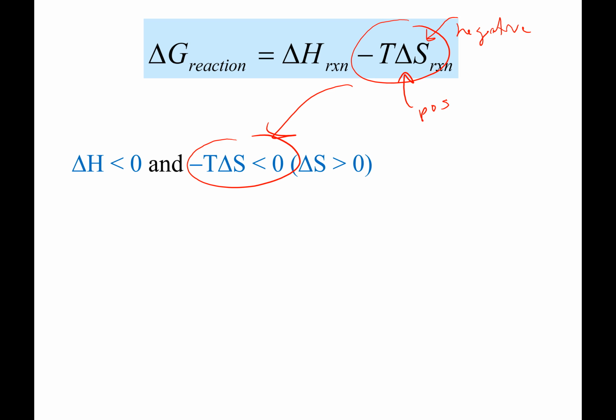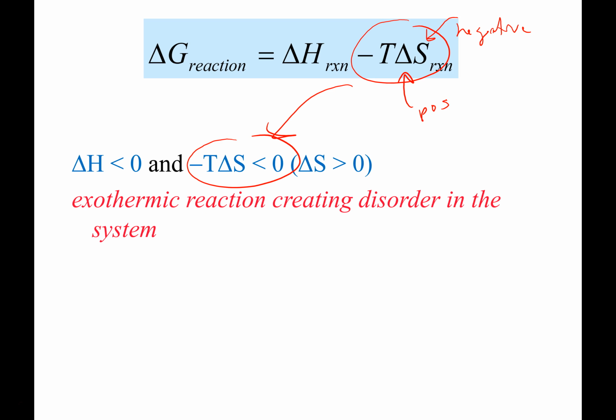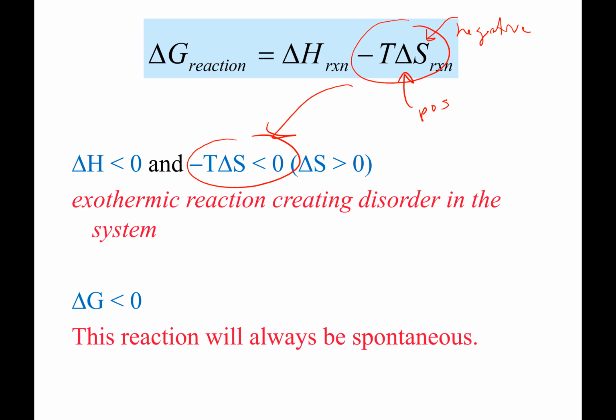S is positive. So actually, it's exothermic, dispersing energy. It's increasing disorder, dispersing matter. And by golly, you can't do anything with those numbers to get anything other than a negative delta G. It just is. This is negative, this quantity is negative, and so it's always going to be spontaneous.